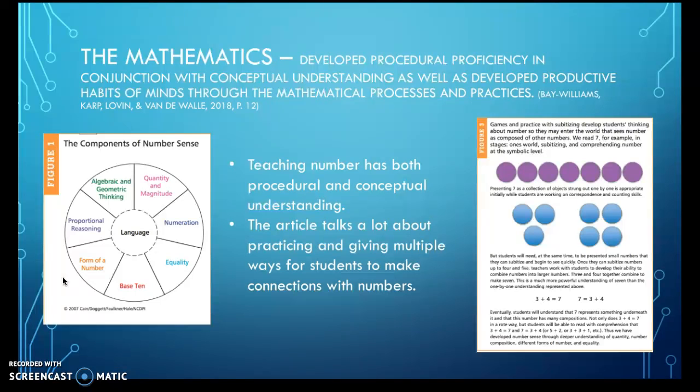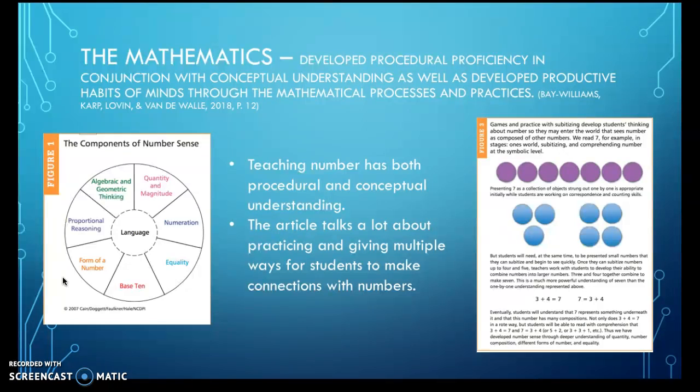As I was looking at that, my article is teaching number and it has both the procedural and conceptual understanding. You have to teach the students about number and give them tools to use it properly, but then they're able to go out and use that information and that number sense to answer problems.